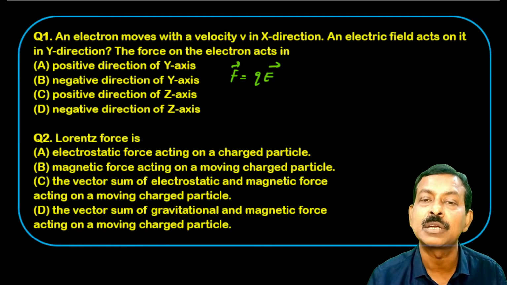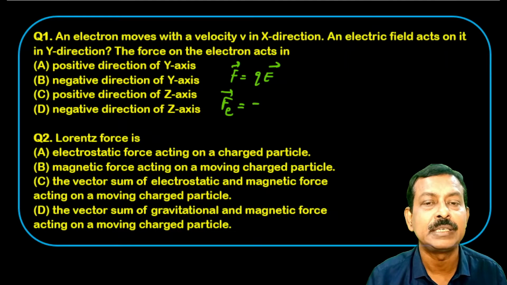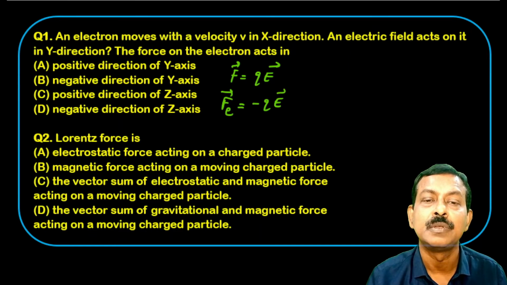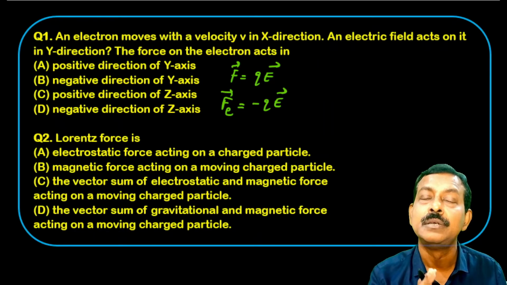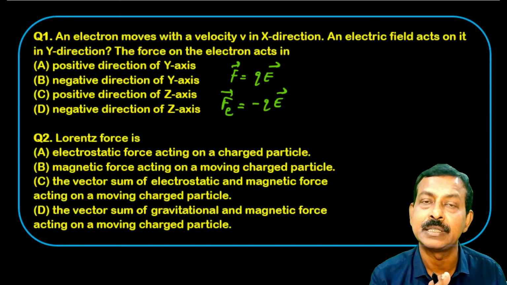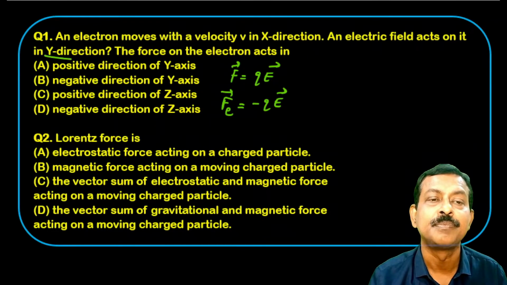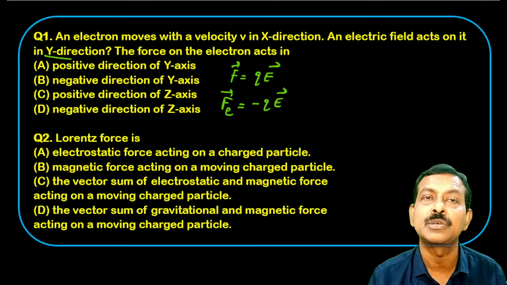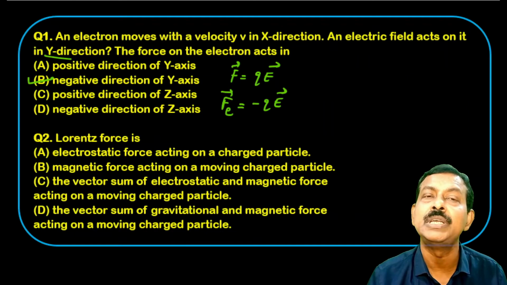Since we have an electron here, which has negative charge, we can write it as minus QE. It means it will act in the direction opposite to the electric field. Since the electric field is in the y direction, the force on the electron will be in the negative direction of the y axis. So B is the correct option.